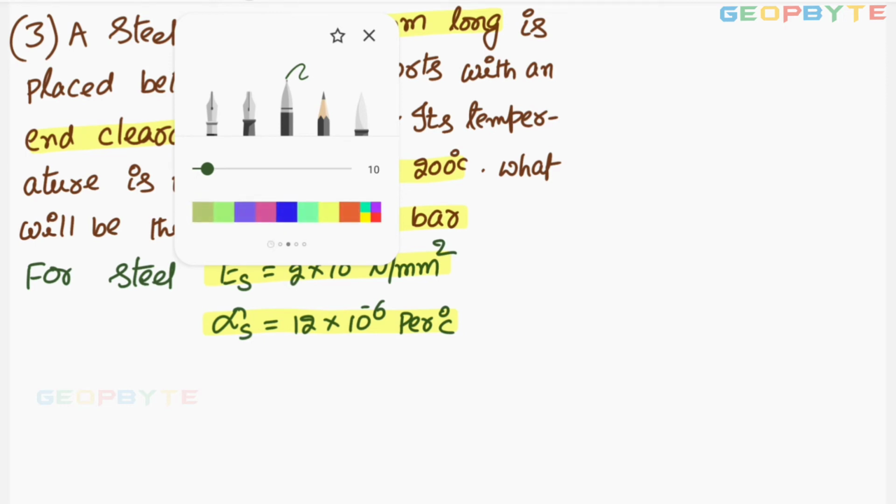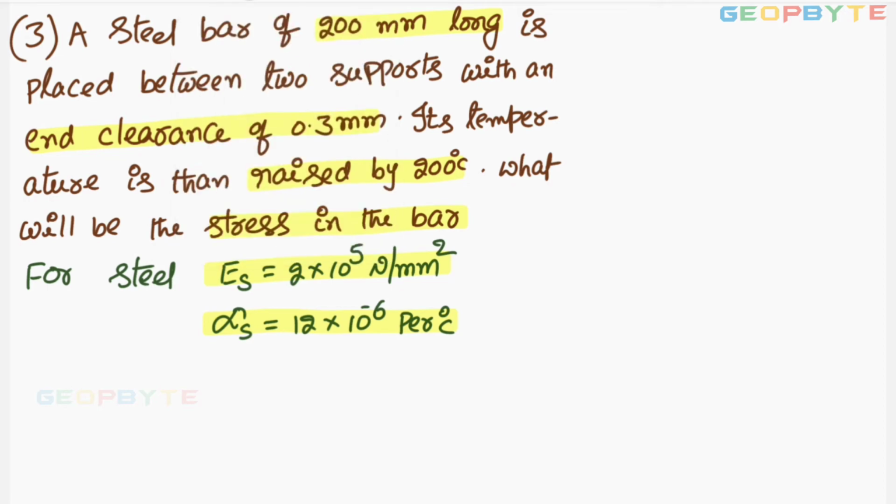Given data. Length L equal to 200 mm, placed between the two supports with an end clearance, yield delta equal to 0.3 mm.